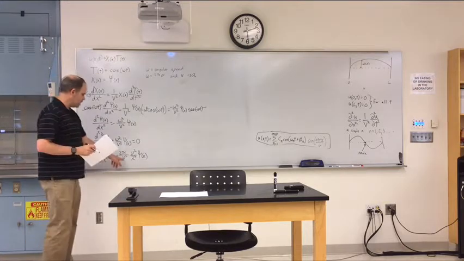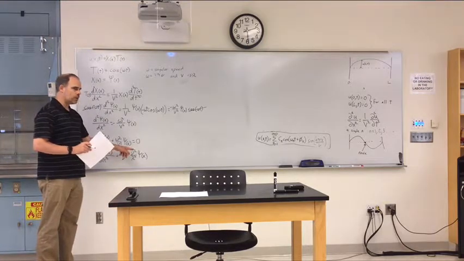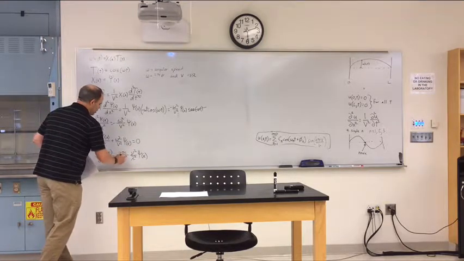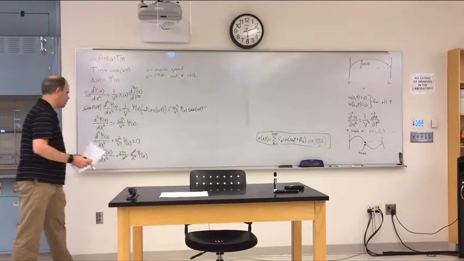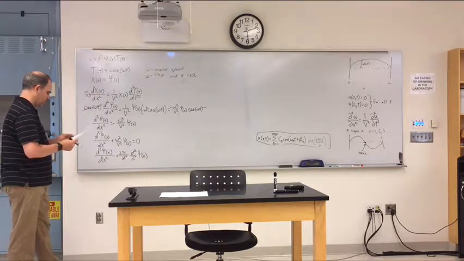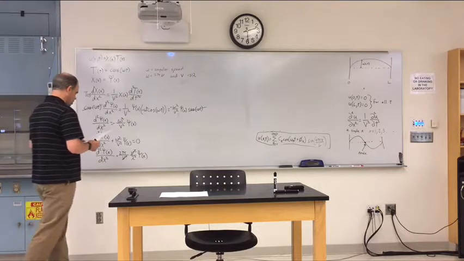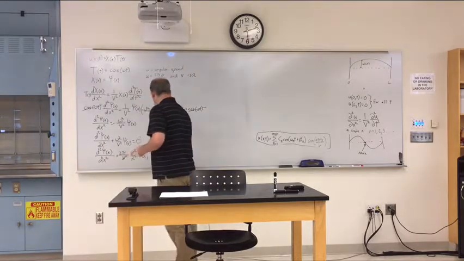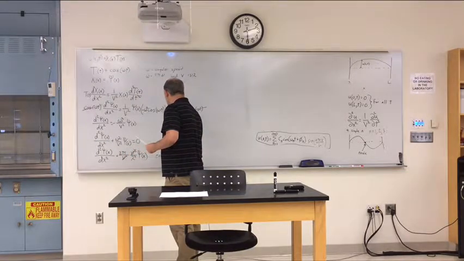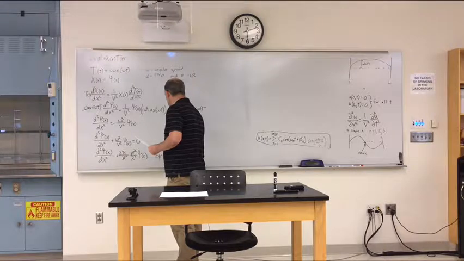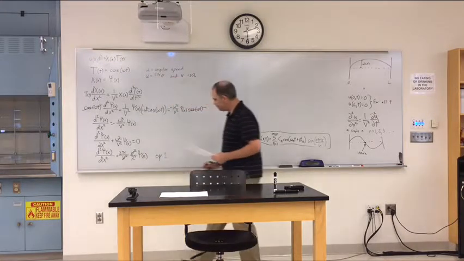We got frequency squared here, frequency squared there. So we got a numerator and denominator, they're going to cancel each other out. Okay, so we're going to call this equation 1.